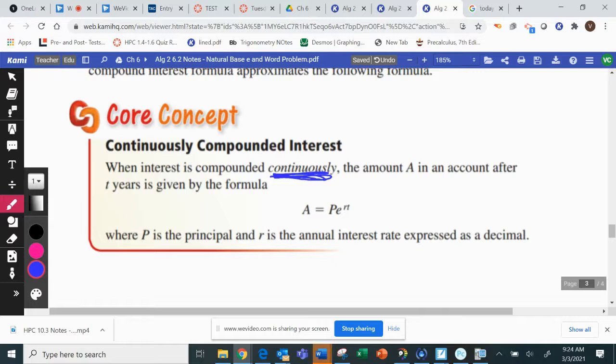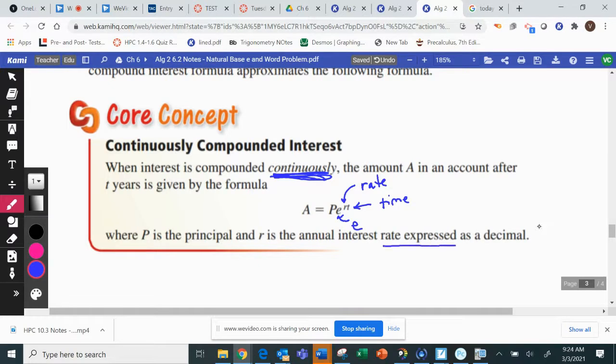It's called the PERT formula. Do you notice it says P-E-R-T, PERT? A is the amount, P is the principal, same as before. E is the number we just learned about. R is the rate. And then T is the time in years. So this is where you're going to use that E button on your calculator.